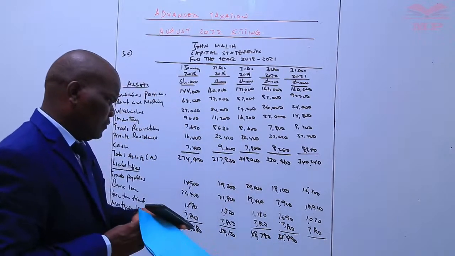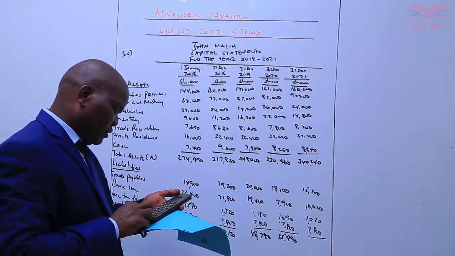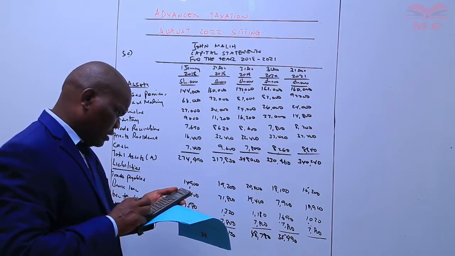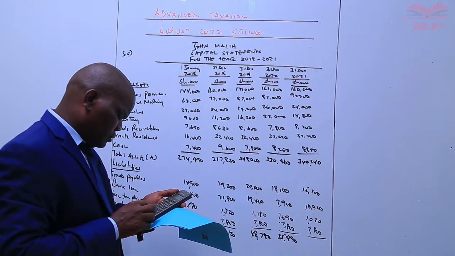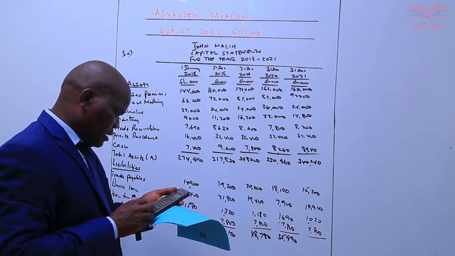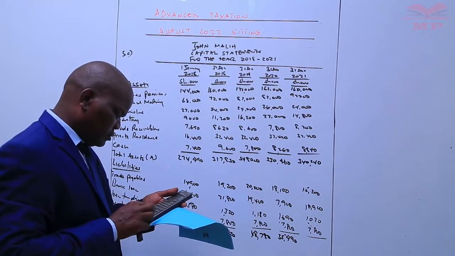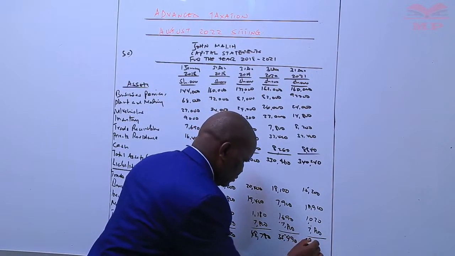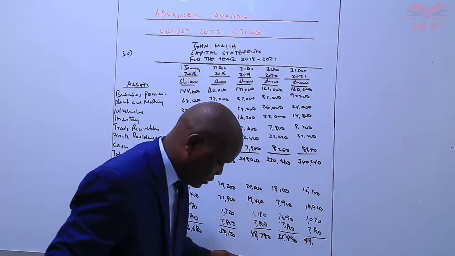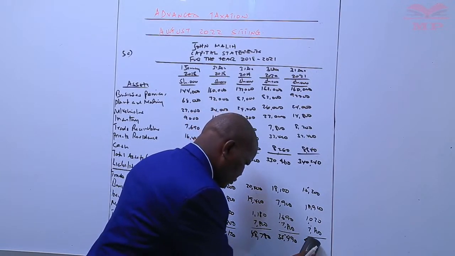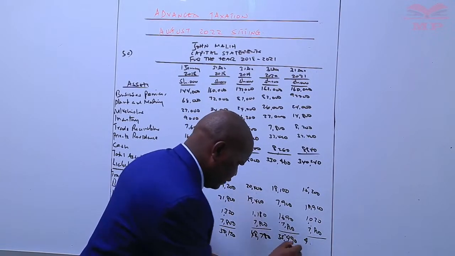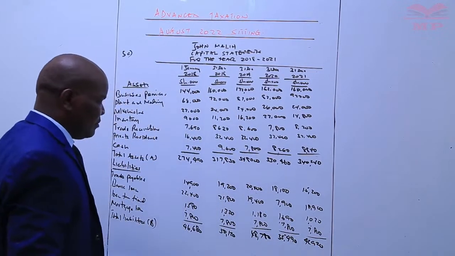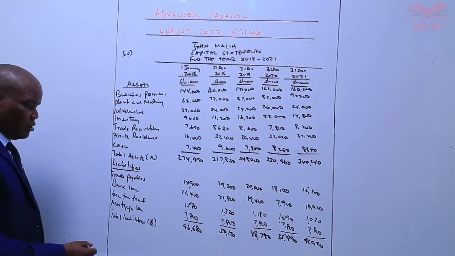And lastly, 15,200, 18,900, 1020, and 7,800. 42,920.